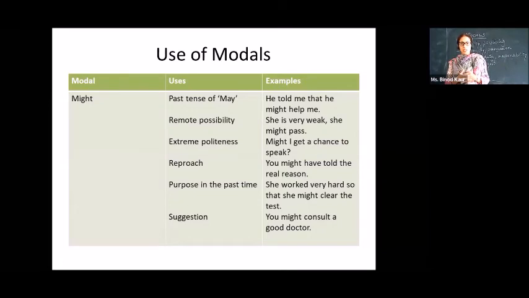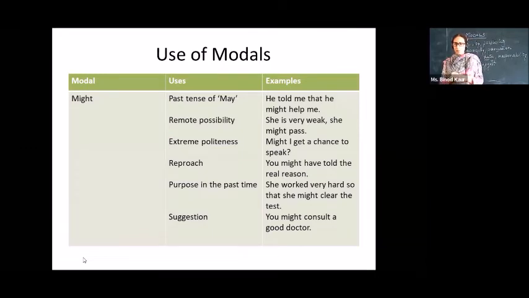She might pass, means there are very less chances of her passing. Extreme politeness: might I get a chance to speak? If you have not used this expression, then you won't understand how might can be used under extreme politeness. So, might can also be used there.